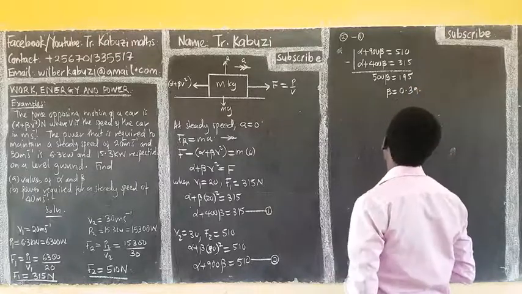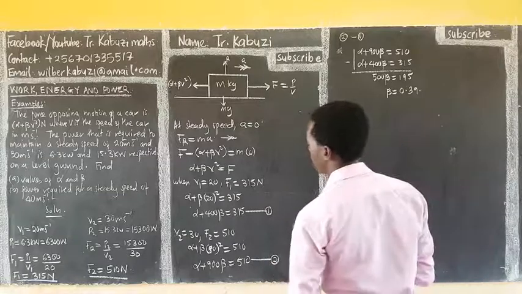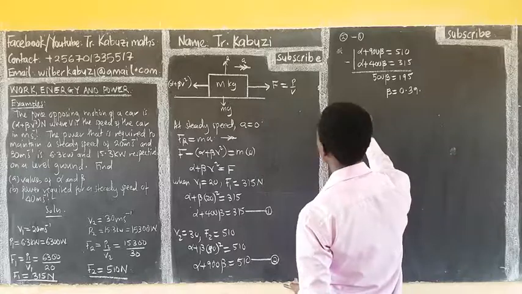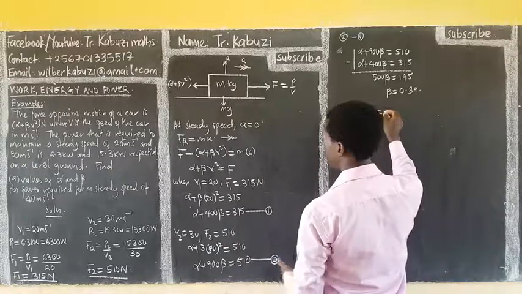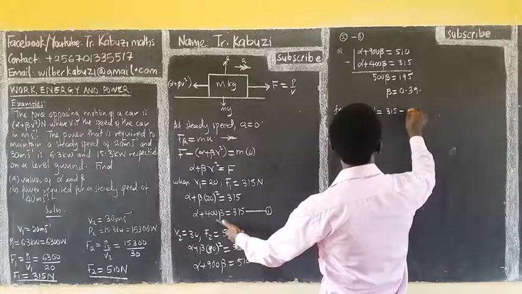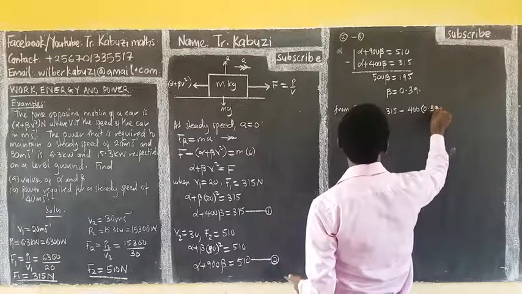If beta is that, then we substitute into equation 1: our alpha is going to be 315 minus 400 into beta, 0.39.